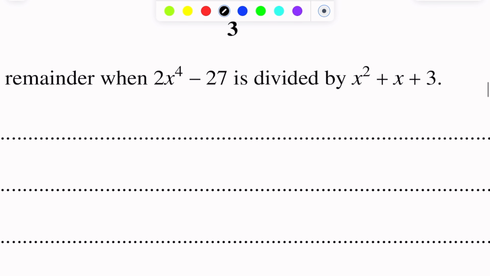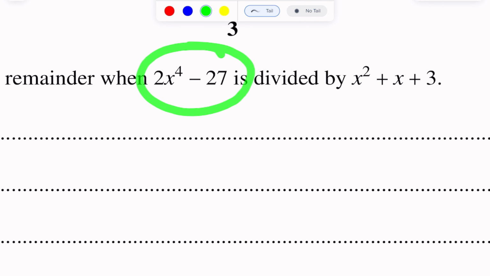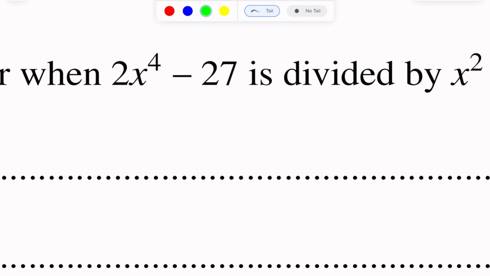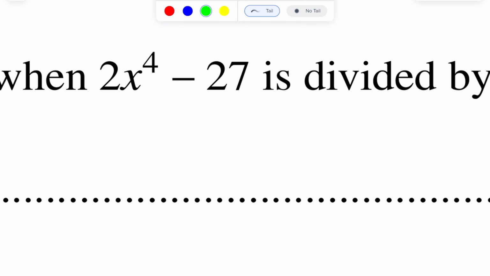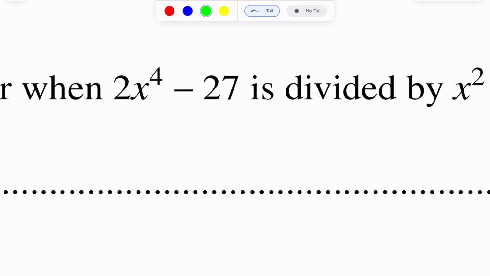First we are writing this expression 2x^4 minus 27. Here the missing terms are x cube, x square, and x terms.